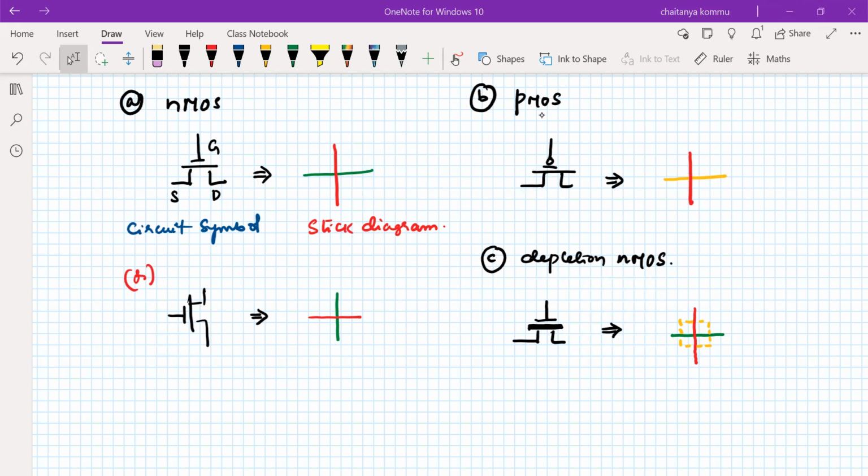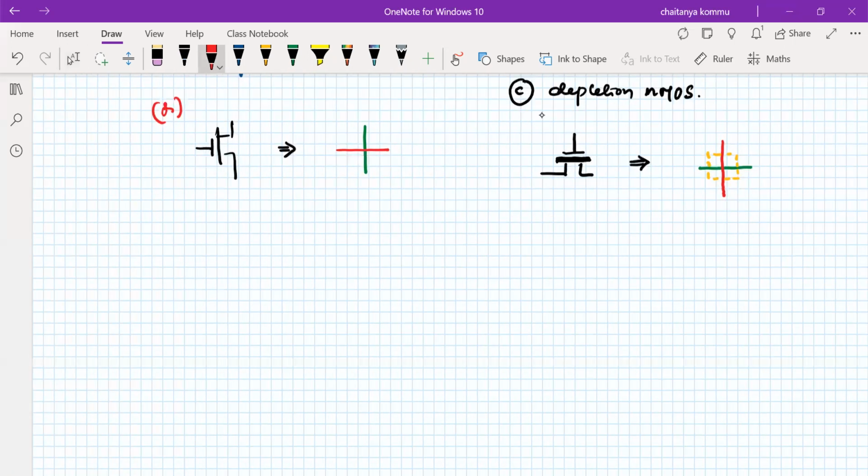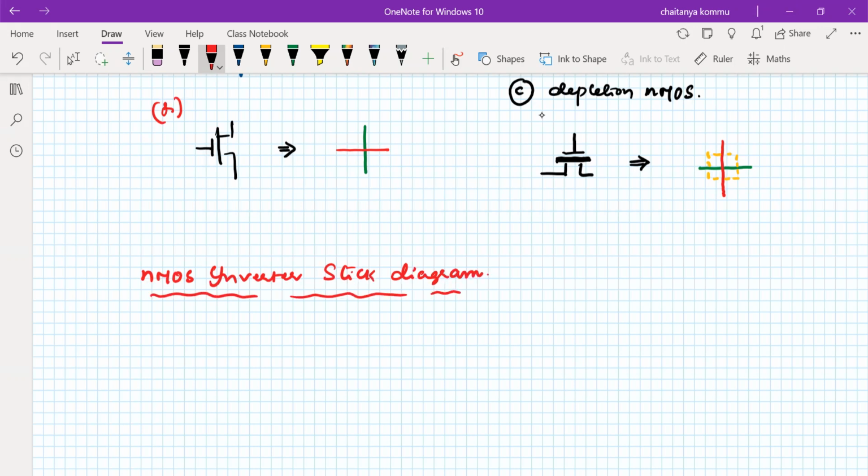Now let us take a simple inverter. How do we draw the stick diagram for an inverter? For example, we consider the NMOS inverter stick diagram.